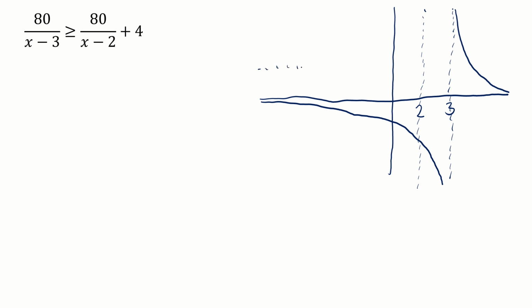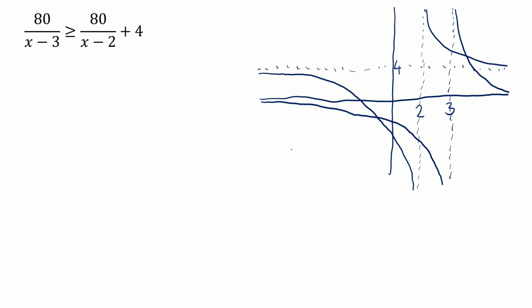So it means its horizontal asymptote is now going to be at y equals 4. Cool. And therefore that means we can draw that one as well. And that's going to look something like this, if we get it correct. There you go. Cool. So we've drawn both graphs.